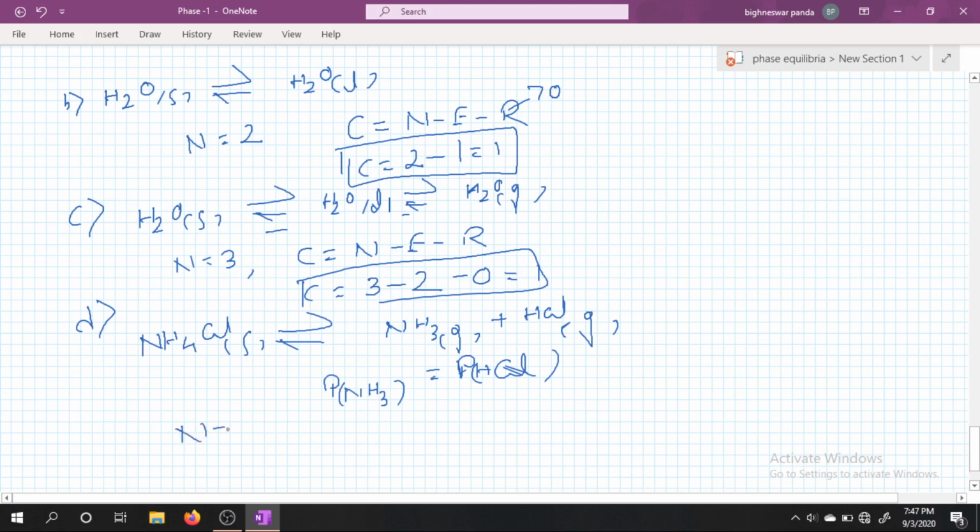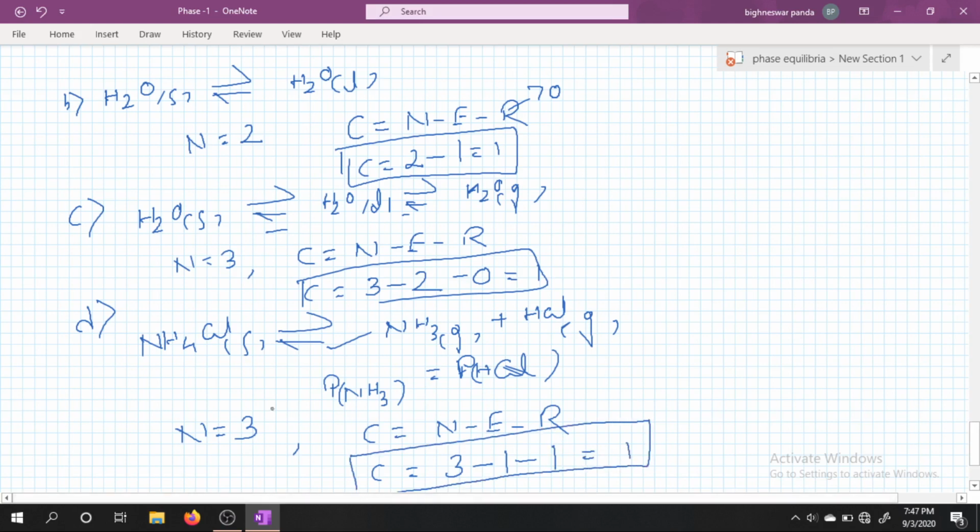So the total number of species is equal to 3 and we have to calculate the number of components. C is equal to n minus E minus R. So C is equal to number of species 3 minus 1 equilibrium present here minus the restricted condition, the given condition PNH3 is equal to PHCl, and that will be equal to 1. So it is 1. So this is also a one component system.